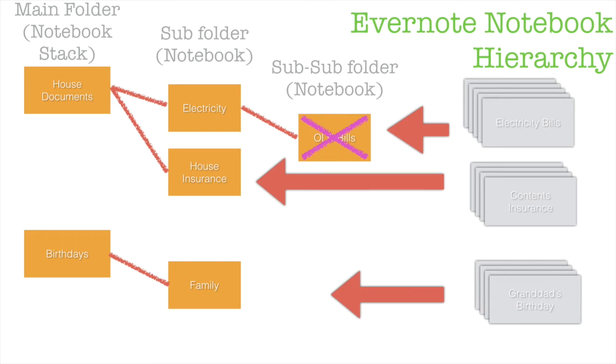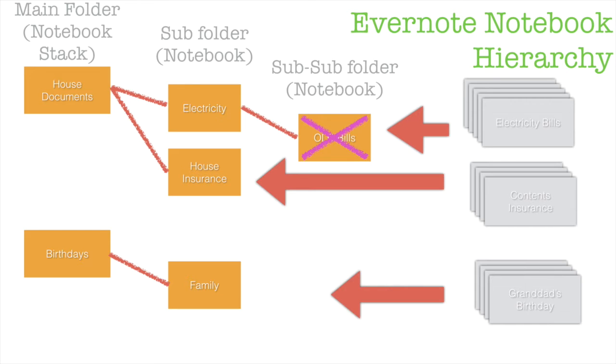Unfortunately, Evernote does not allow hierarchical stacking past one level. That's just one level of hierarchy. So be very careful when you're putting in your structure or what organizing idea you're wanting to make. There is only one level down, all right? So a notebook stack can only have one level.